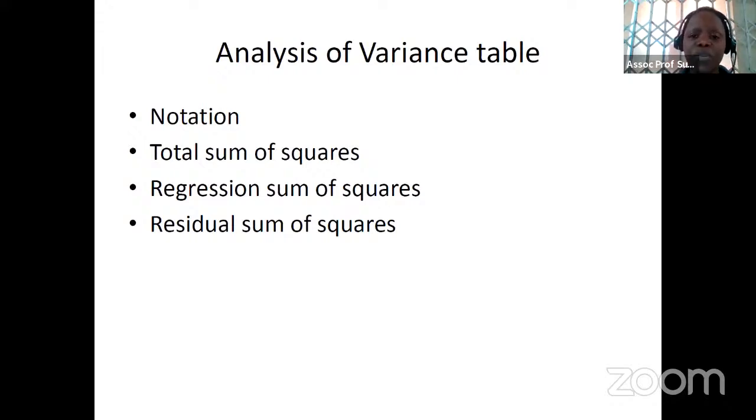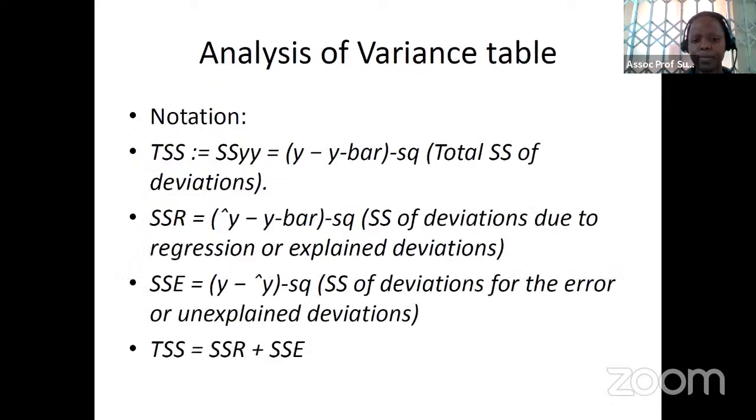Now, under regression, we also have what we call an analysis of variance table. The analysis of variance table shows us that the total variation in the response is divided into the regression sums of squares and the residual. The total sums of squares is denoted as SY in some textbooks or SSY, which means sums of squares of Y, expanded as the difference between the observed value of Y and the mean of Y, squared.